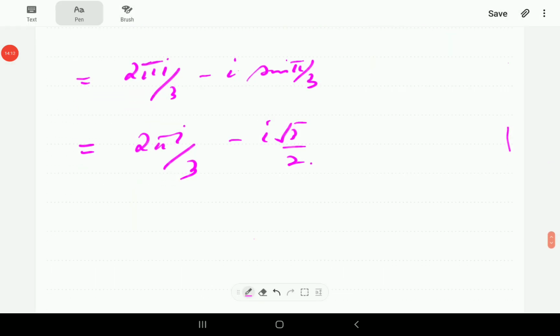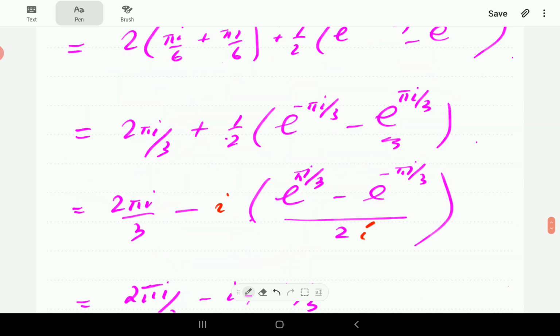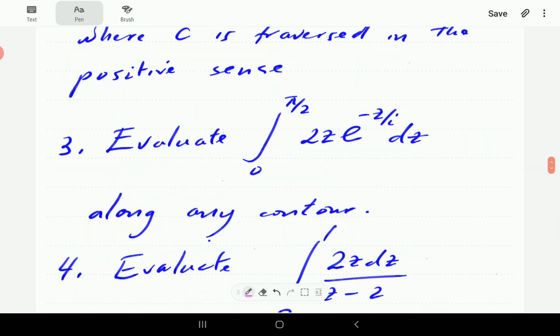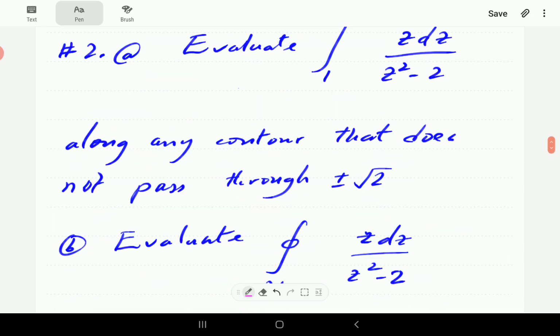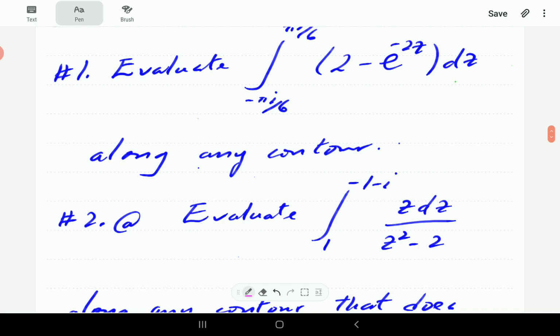So yes, we can do one more example. In number 2, we have: evaluate the integral. So let's start with 2a.